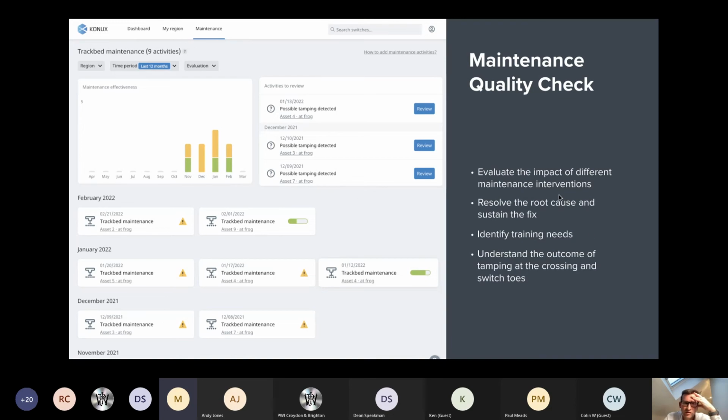As you can see here, possible tamping detected. That can then be validated, which gives us again a greater source of ground truth. The other way is that the engineers can at the moment manually input any interventions that they've done to the asset, and we would work closely with them to try and make sure that happens.